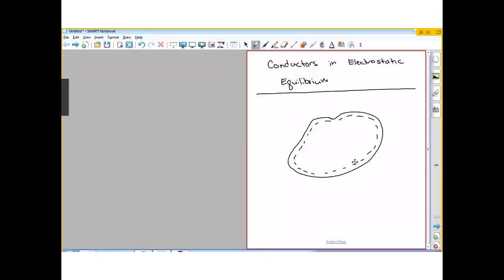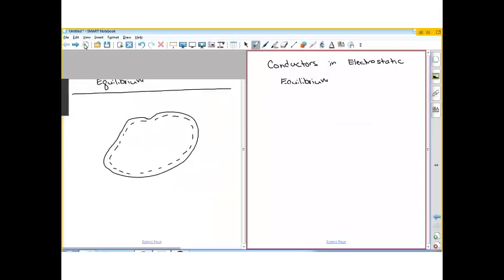If it's a car made out of metal, it's going to go to the outside surface of the car, not the inside surface. The reason is that excess charges push against each other because they're the same charge, and they're moved away until they can't go any further. So they go to the surface. If they went out of the surface, then you'd have sparks, but in this case we don't have sparks.